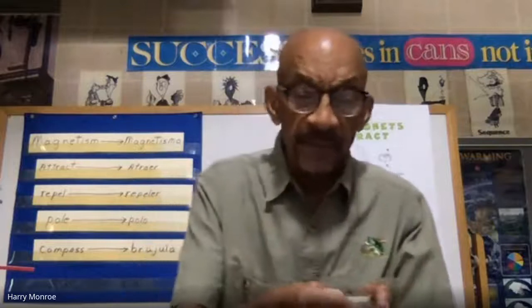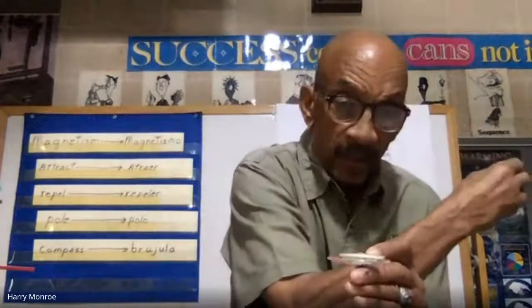This compass is right on the dot because it's showing me that north is that direction and south would be that direction. That's because the needle of this compass is magnetic and is drawn to the magnetic north.